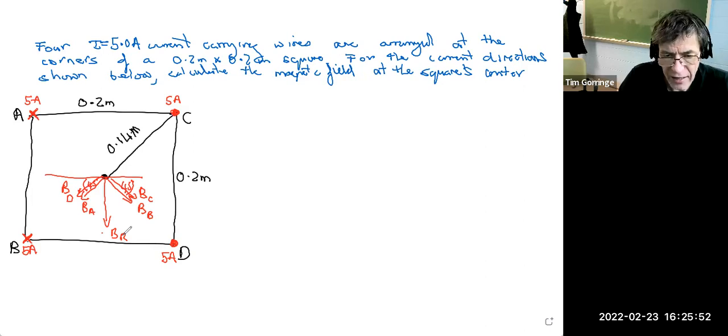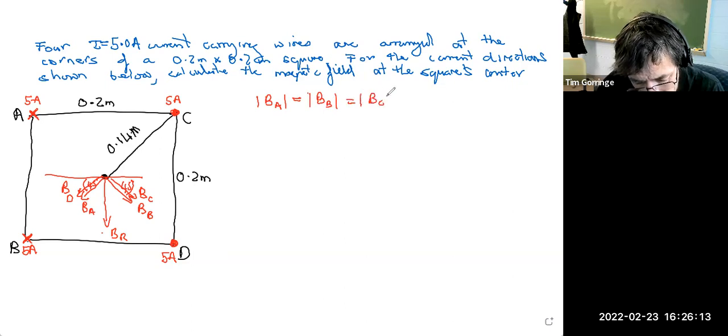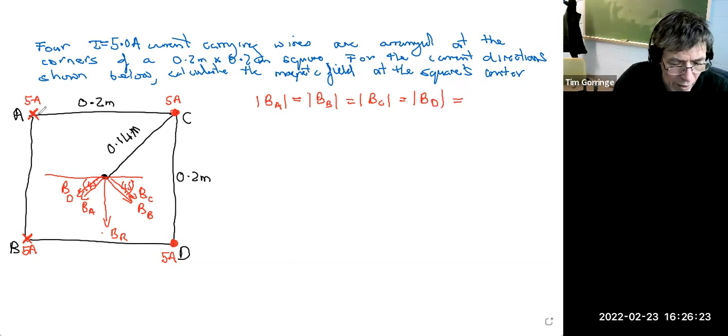To start that going, I'm going to note that the magnitude of the magnetic field of wire A at the center is the same as the magnitude of the magnetic field of wire B at the center, which is the same as that of wire C, which is the same as that of wire D, because all the wires are equal distance from the center and all the currents in the wires are equal sized.